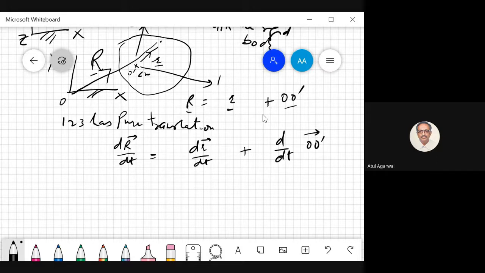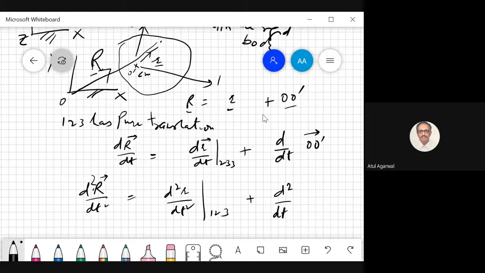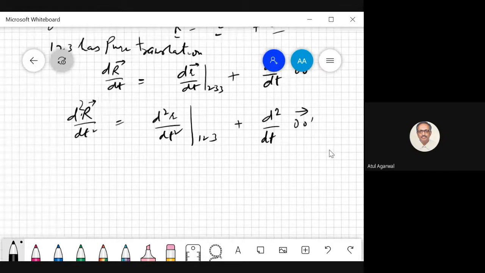Now if I want to find its acceleration, the acceleration with respect to the capital system is equal to the acceleration with respect to 1 2 3 plus the acceleration of that moving origin.